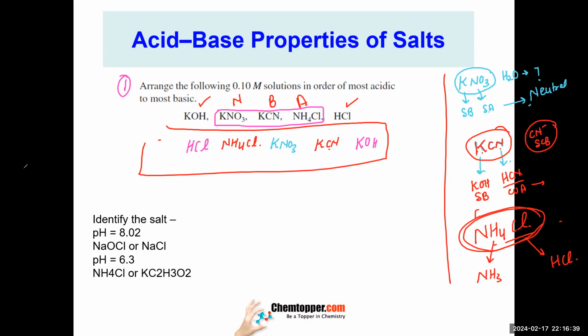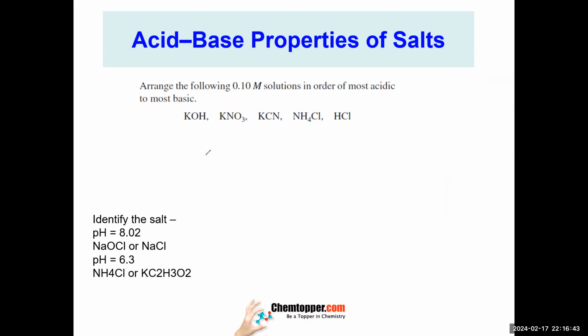Now focus here. Okay, let's do one more question. Nivriti and Ariba, you are with me? Let's do this one. pH is 8.02. What kind of salt is this? Acidic, basic, or neutral? Answer every question, Ariba and Afan.